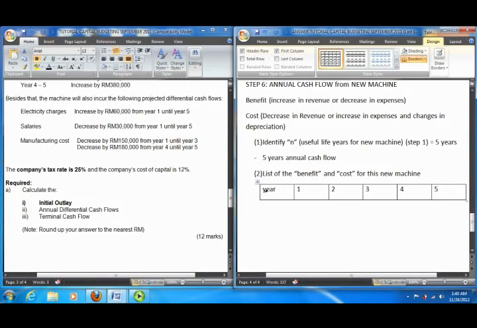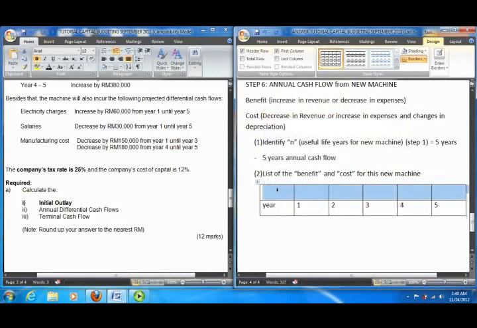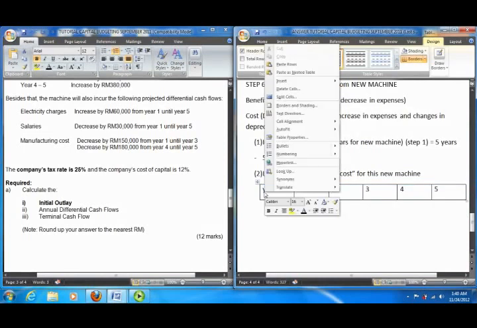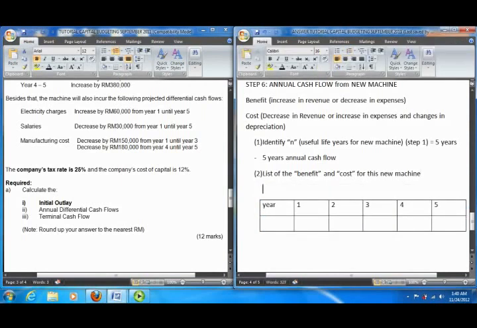Alright, class. First, you need to insert as many as you can. Alright, insert row below. Okay, class. Before you construct the table, you need to know how many benefits are in this machine.